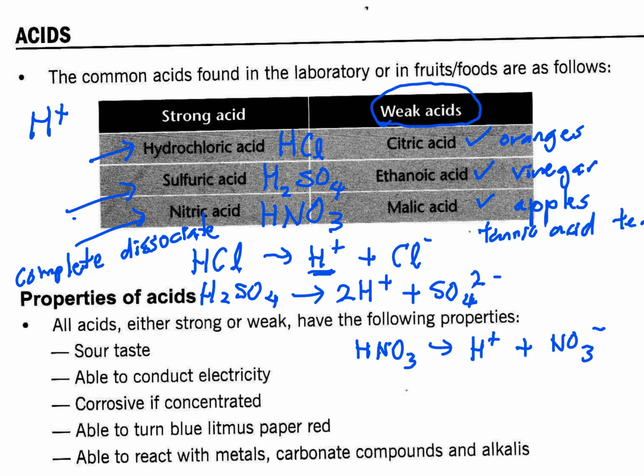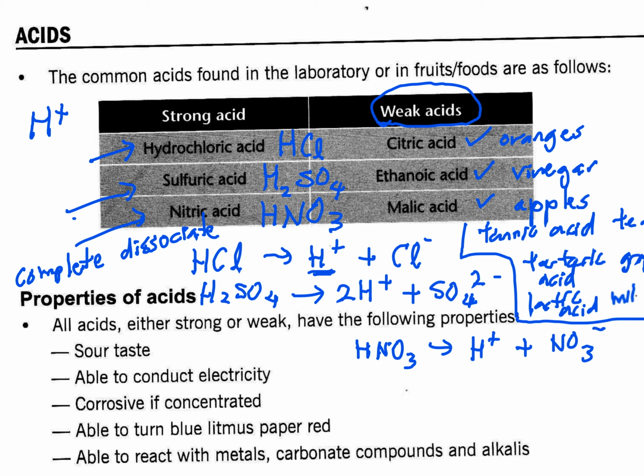Tartaric acid is found in grapes. And finally, lactic acid, which is found in milk or in our muscles when our body undergoes anaerobic respiration.